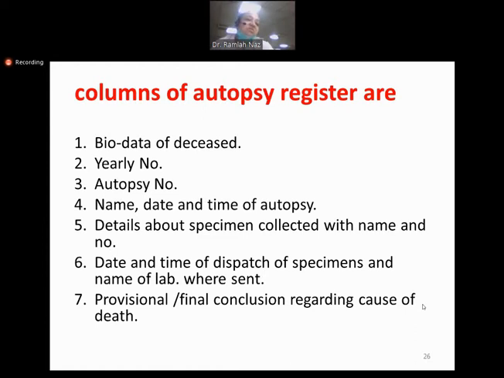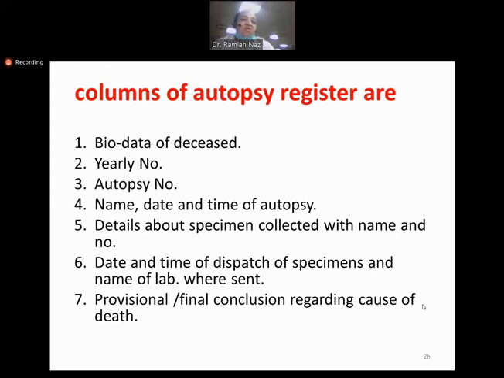Details about the specimen collected with the name and number, like if I'm collecting the heart, or sending the kidney, whatever the viscera and how many jars I'm sending, I have to name and label them. Take care and write down the numbers of it. Then the date and time of the dispatch of the specimen, and the name of the lab it is sent to and with whom, like the policeman who is taking the specimens, we will write his name. The date and time of the dispatch is going to be mentioned over it.